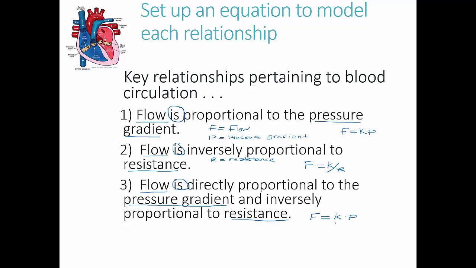And inversely, I don't add a new K, I just add a new relationship, so I put the division in for the inverse, and I put the R. And so I've modeled this complex relationship between our blood flow, our blood pressure, and the resistance, things like cholesterol that would want to stop our blood from flowing.